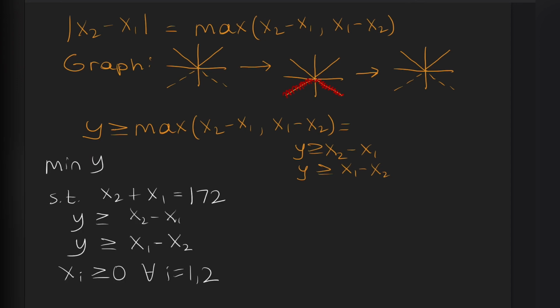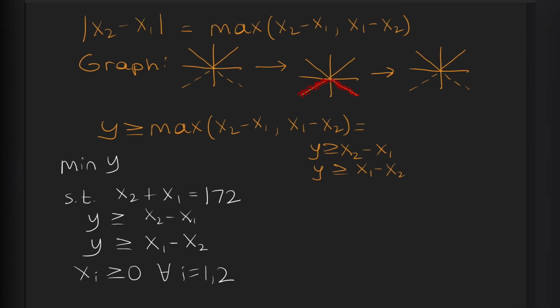Next, finally, we have our compact formulation. So we're going to minimize y as usual. We have the constraint that there has to be 172 popsicles, and the number of popsicles each person gets has to be positive. And then we simply have this over here to ensure that we are defining y correctly.